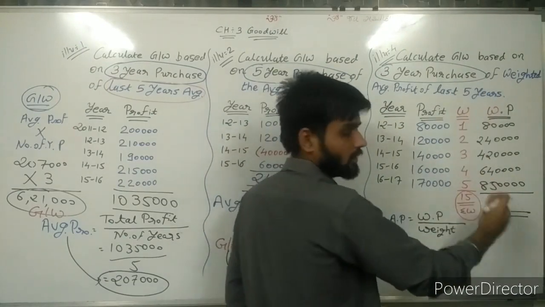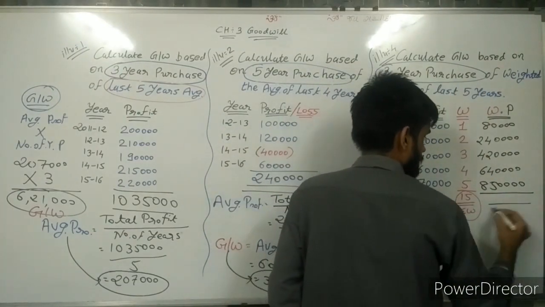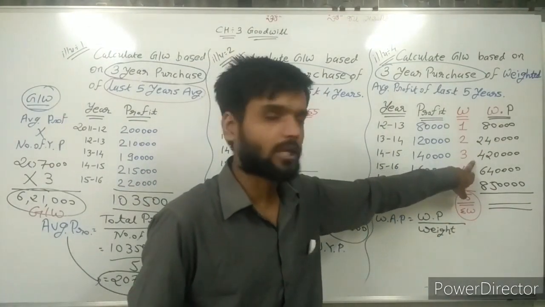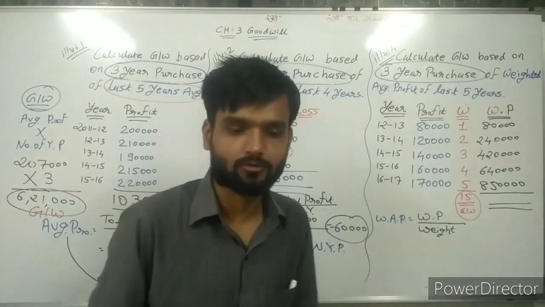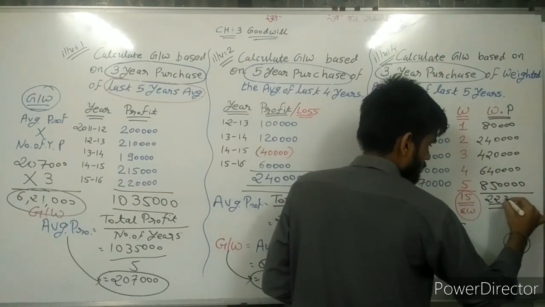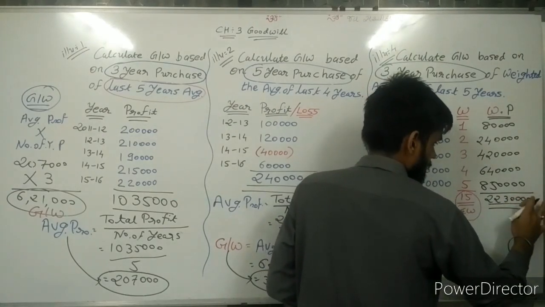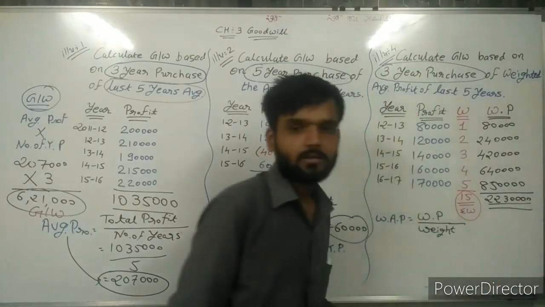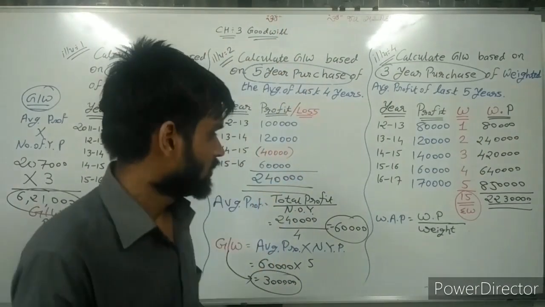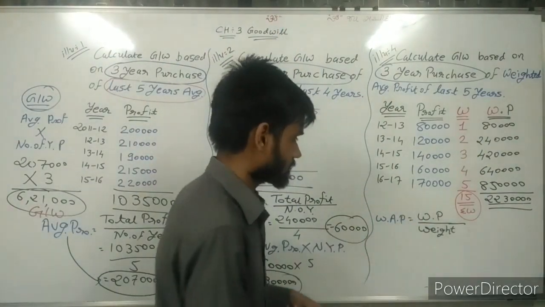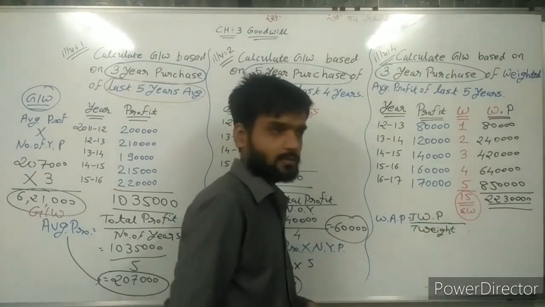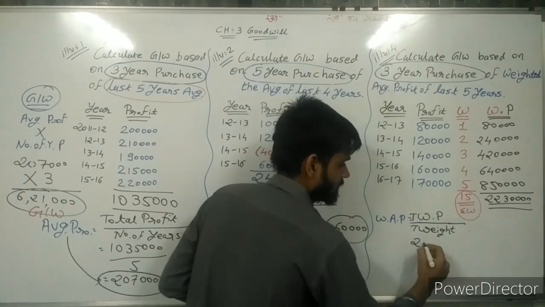And the total of all these: 80,000 plus 2,40,000, 4,20,000, 6,40,000, 8,50,000, and the total is 22,30,000. That is your total weighted profit. So total weighted profit divided by total weight.